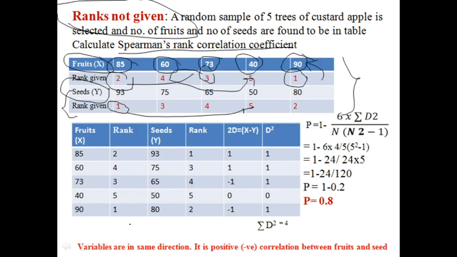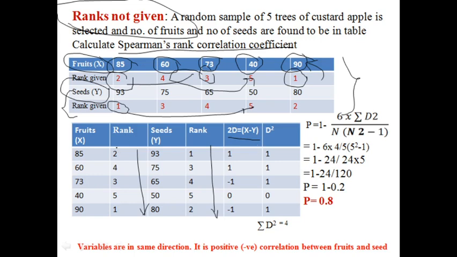And then what is the next step? Again, one table should be there which indicates the ranks for the x variable and the ranks for the y variable. The next column is D, that is x minus y.